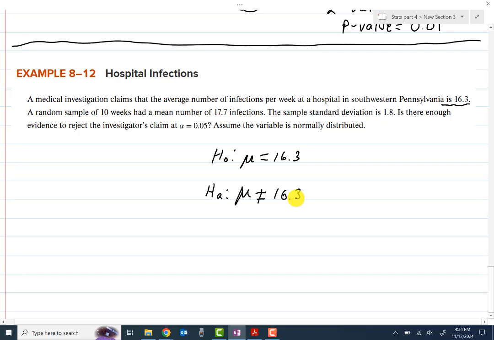And let's see what we have here. We have a mean number of infections. How many were sampled here? Oh, 10 weeks. Okay, right here. So 10 is n. This here is x bar. And the sample standard deviation, that's called s.